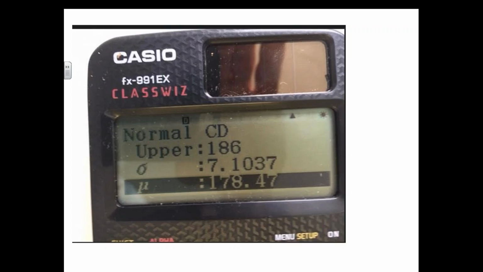So one drawback with this screen is you'll see it says normal cumulative distribution. It's only giving you the upper boundary. I think for a mean of 178.47, this was looking at something like the interval from 175 to 186.